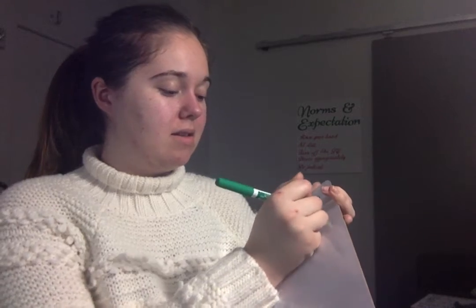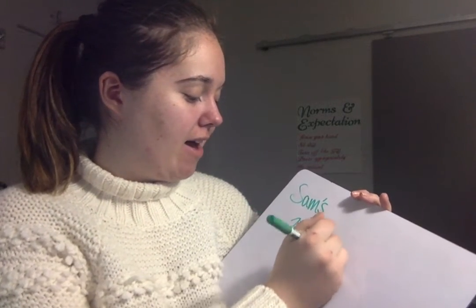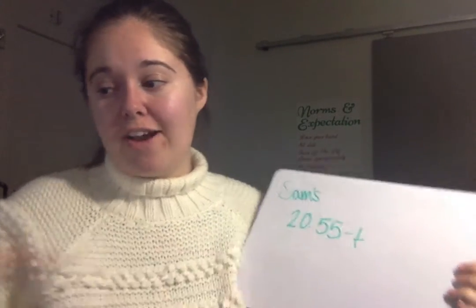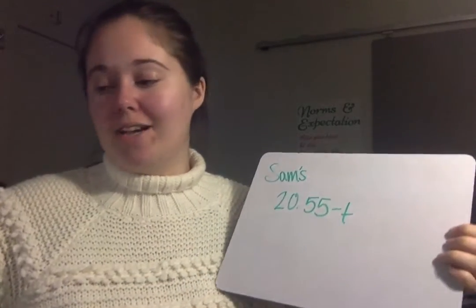I should have looked at this a little bit more, sorry. So Sam's would be that 20.55 minus t, because we know t was the time that Fred takes. So the 20.55 that we figured out back here minus the amount of time Fred takes. Okay, that makes a little bit more sense.